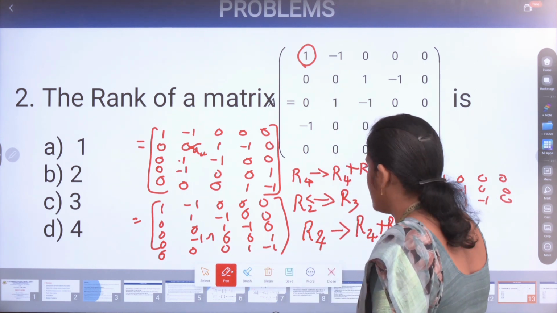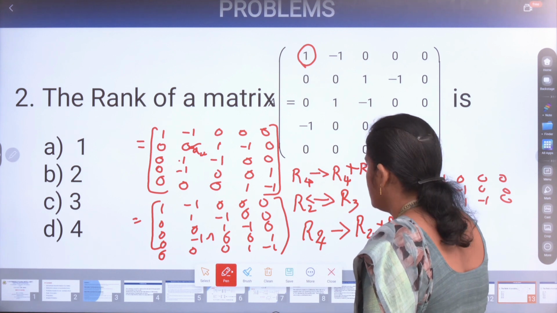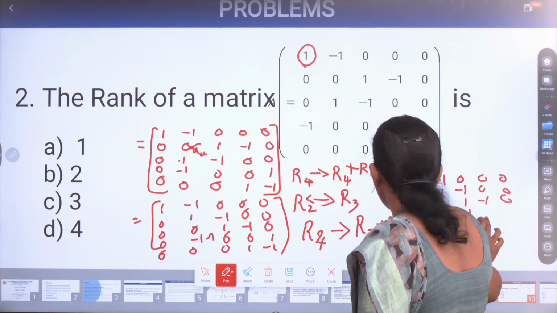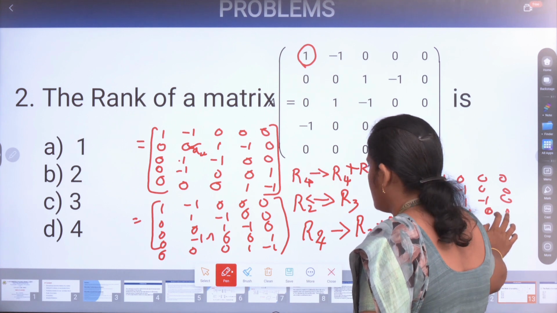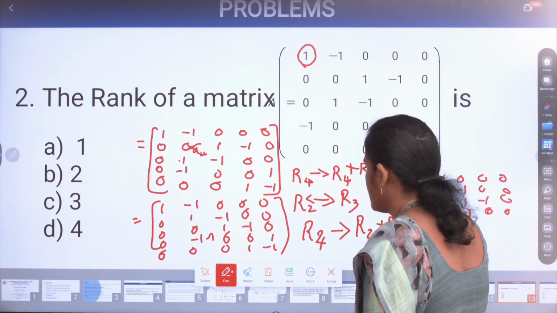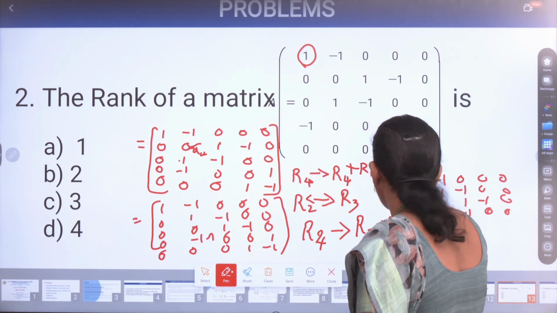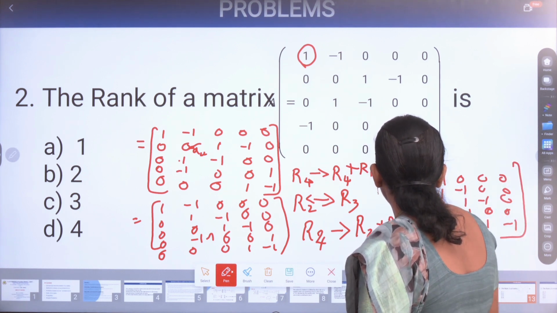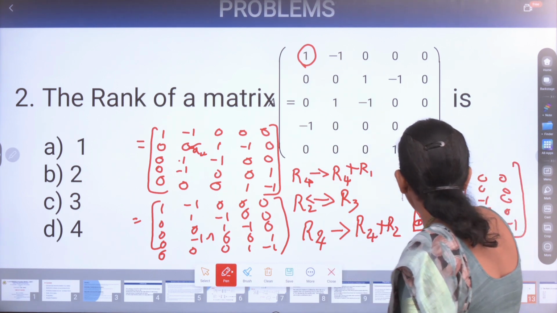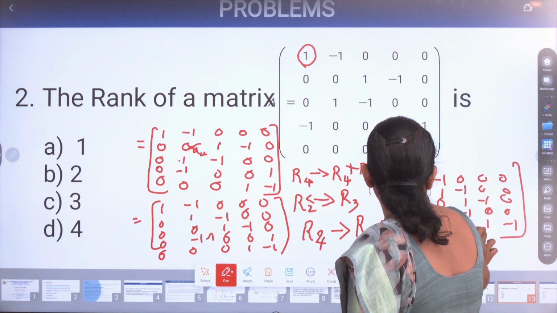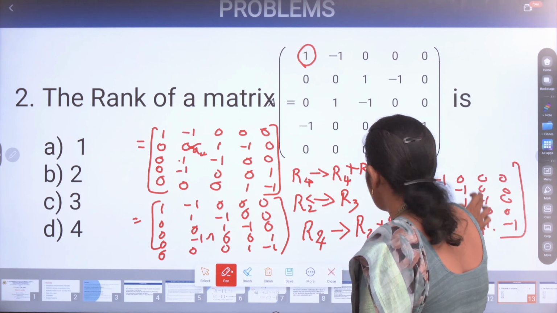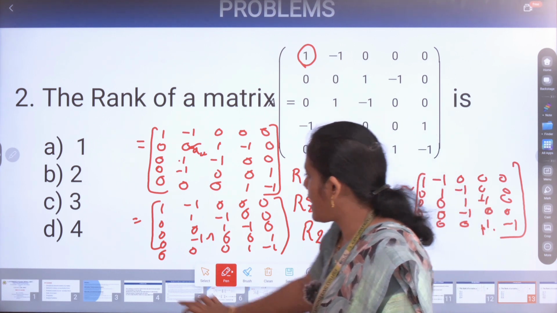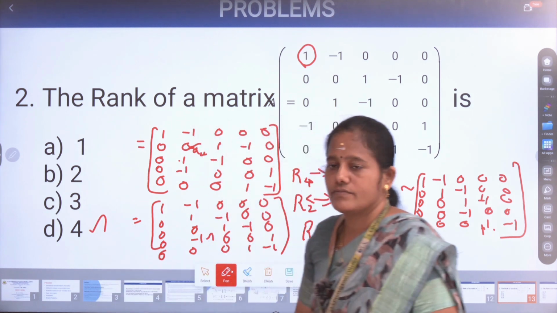This one tends to 0: 0 0 0 minus 1 0 0. The next one is 0 0 0 1 minus 1. So similarly, using this term tends to 0, adding these two elements, we can get that the rank of the matrix is 4.